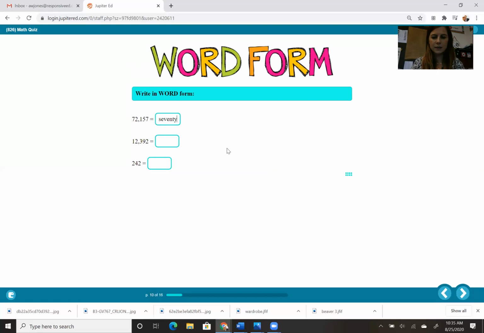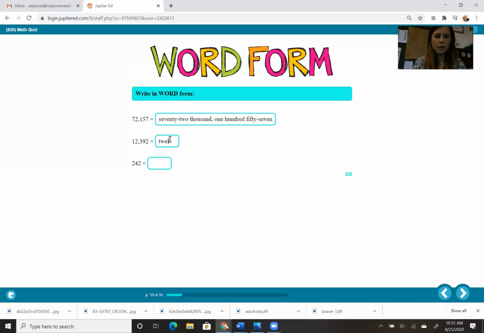So 72,000, comma. You see a comma in standard form, you put the comma in word form. You always have a comma in between thousands and hundreds. 72,150-7, 2 words, 50-7. It's bigger than 20 and smaller than 100, so you need a dash.